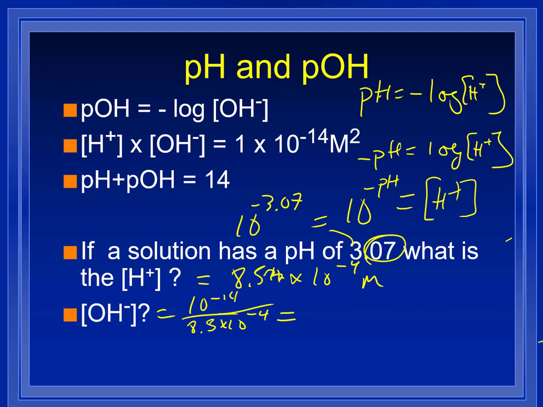That's how you type in 10 to the negative 14th. 1 EE negative 14th, 1 times 10 to the negative 14th, divided by, I'm not going to type it because it's sitting in my calculator. I just typed it a second ago. Divided by the answer gets me, with 2 sig figs, 1.2 times 10 to the negative 11th. Everybody get those numbers to show up?